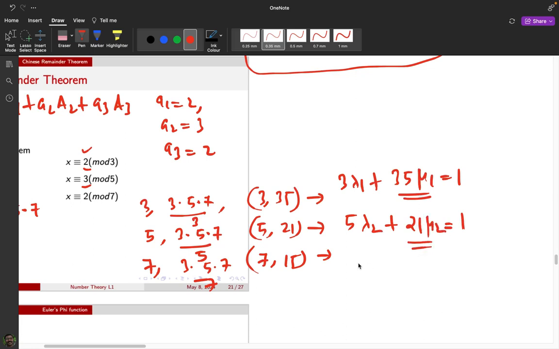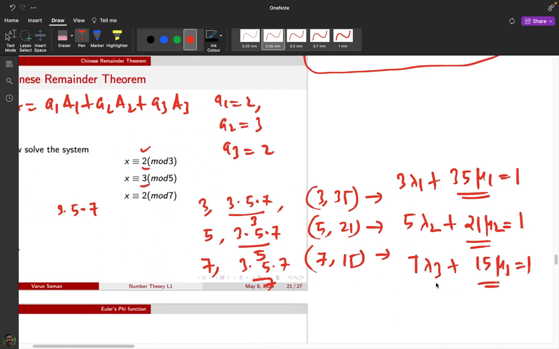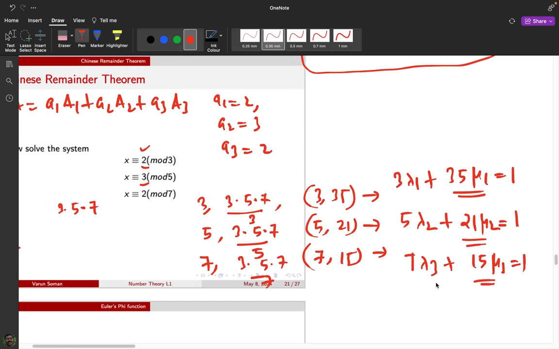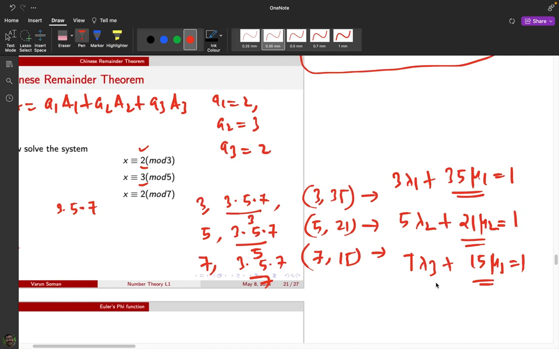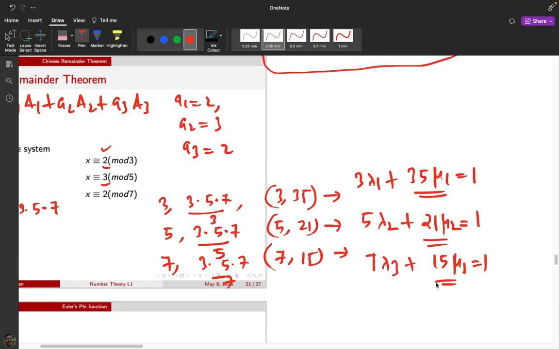So this will be my A2, and similarly 7 lambda 3 plus 15 mu 3 is equal to 1. So this will be my A3. So you have to construct A1, A2 and A3. Just using trial and error you can try to construct it, or you can go for the Euclidean algorithm and find it out. So now can you just think of some relations here?